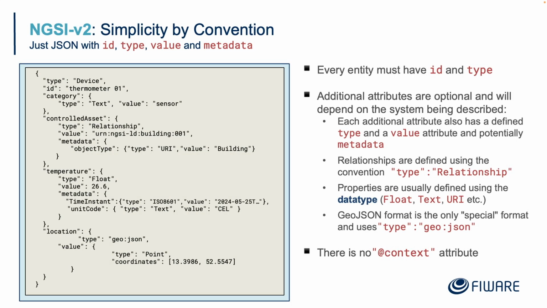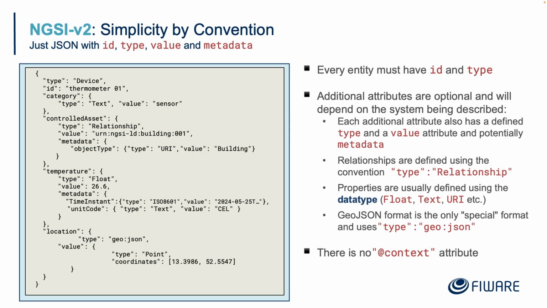This is an example of an NGSI-v2 payload, and as you'd expect, every entity must have an ID and a type. The other attributes beyond the who are you and what are you depend on the system being described. In this case, I have an IoT device, and it's got a category of sensor.